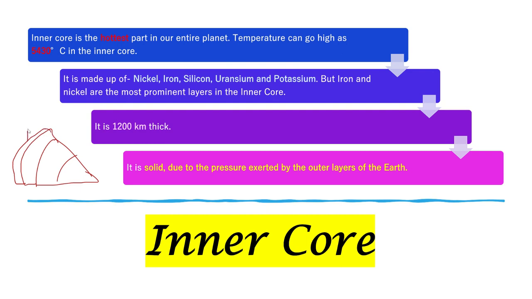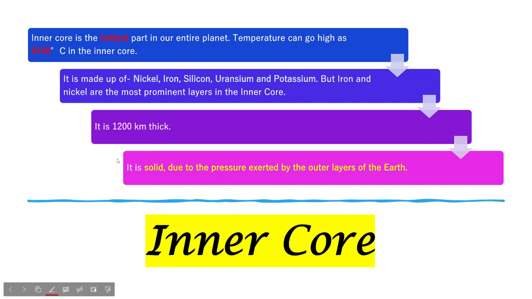For example, this is the crust we have. This is the mantle. Here we have the outer core, and here we have the inner core. So we are talking about this part.